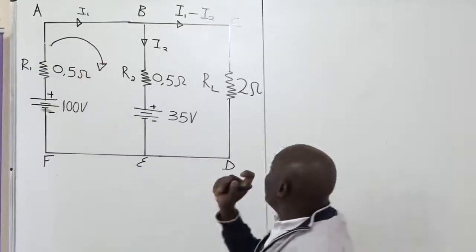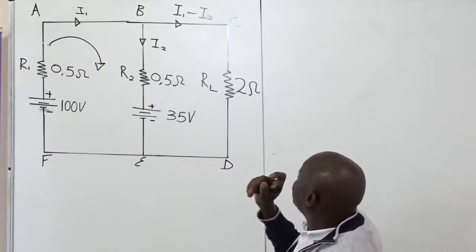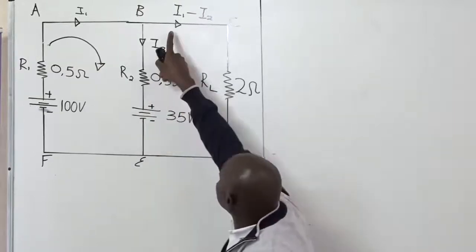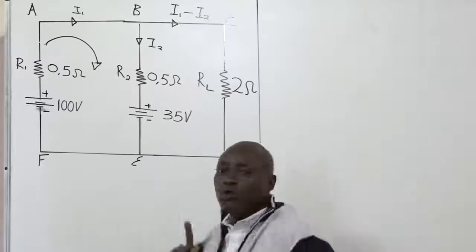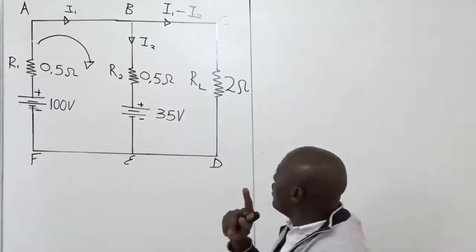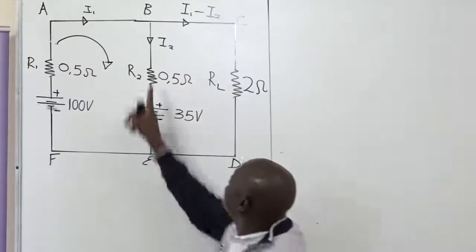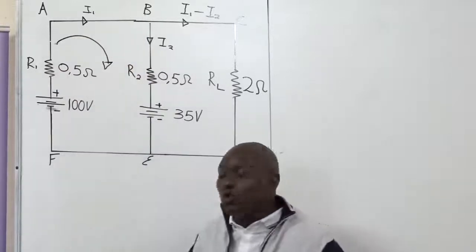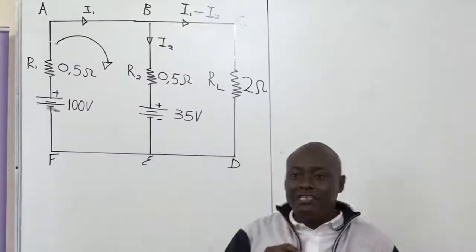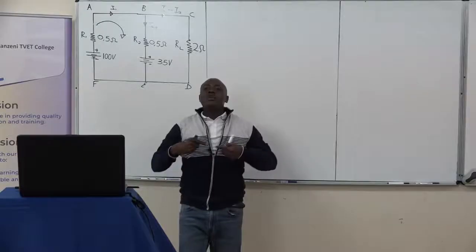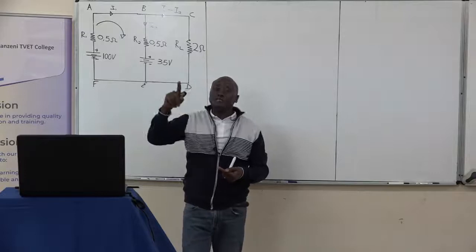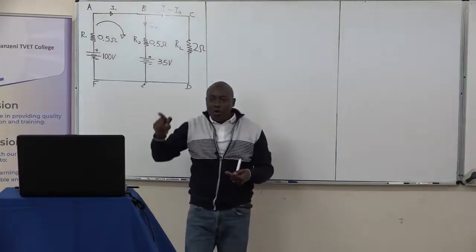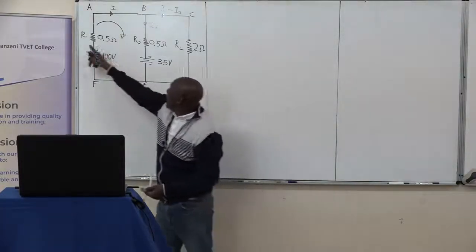Now, if you check again, I have another loop, which is B, C, D, E. We can ask why we are not saying F, E, B, A, back to F. The reason is that we are talking about the conventional current, which flows from positive to negative at our terminals.